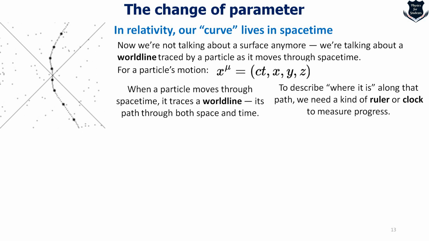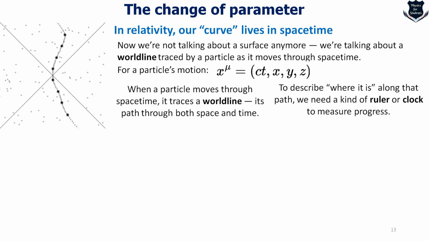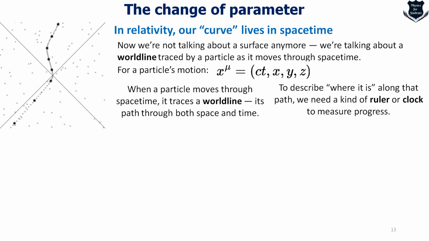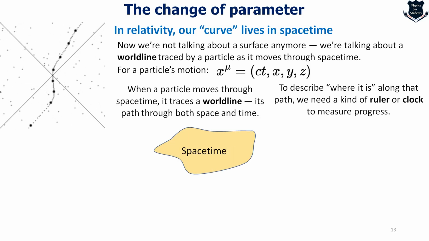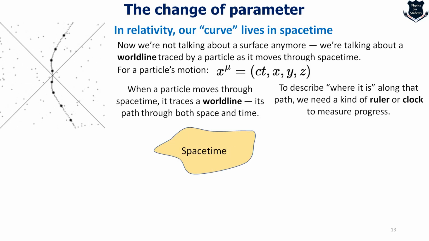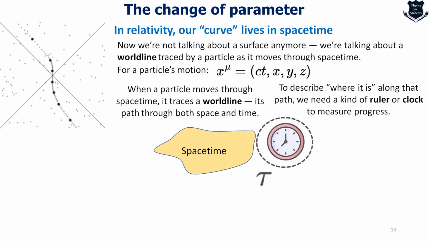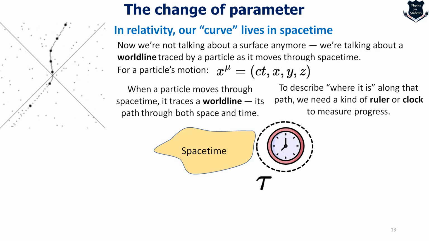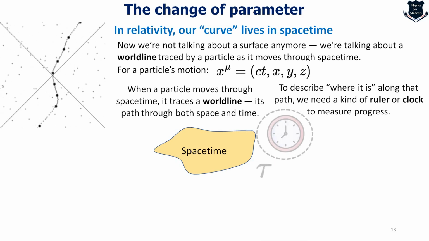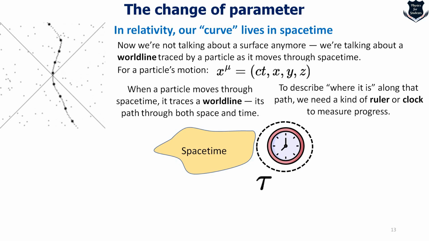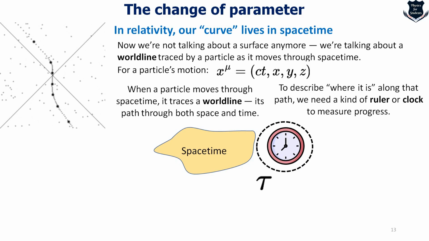To describe where it is, I mean the location along the path, we need a ruler or clock to measure the progress. As I told you, space and time are not different; they are intertwined in what is called a space-time diagram. Here you can see this part, this is the tau. So we use proper time, the time measured by the particle's own clock.